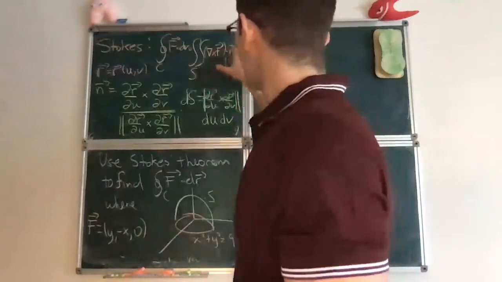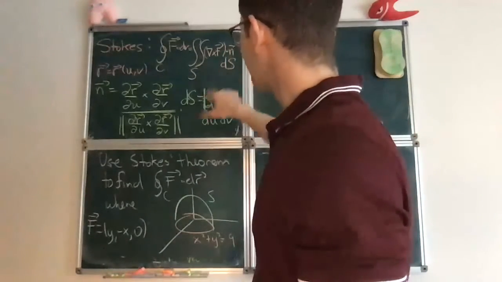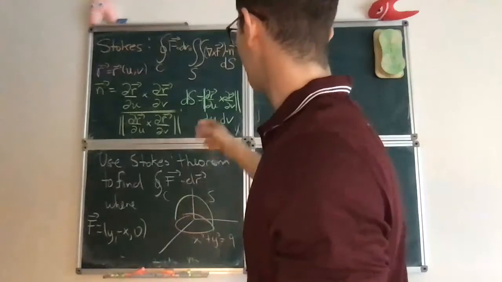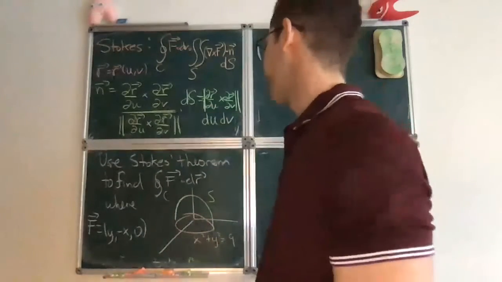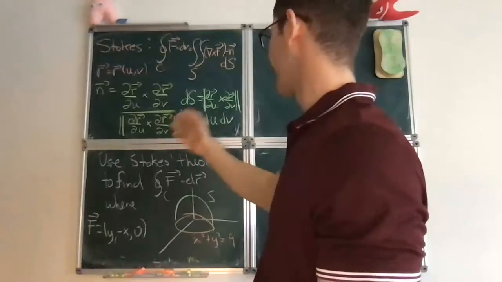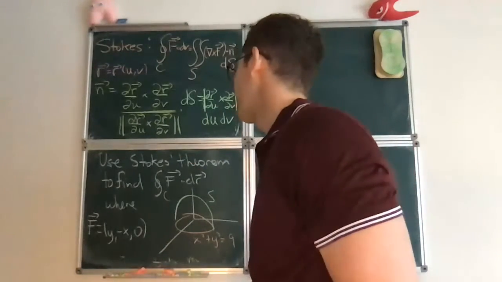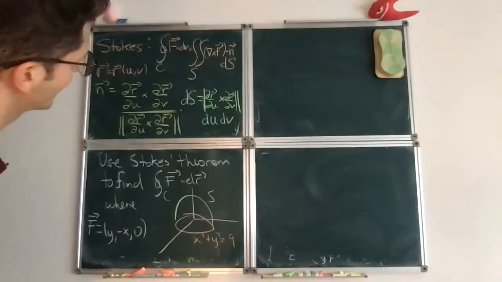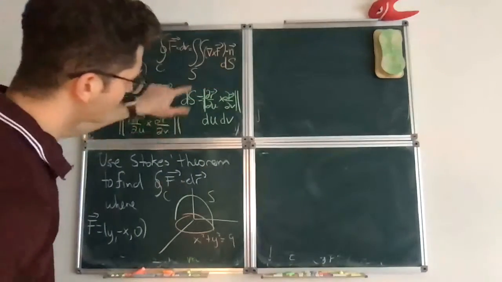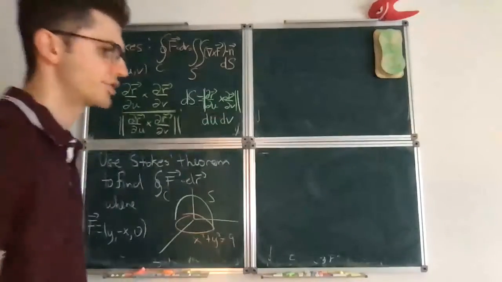So that's what goes here, and dS is like what I explained last time. It's just the norm of the very same cross product. This is like the area of the tiny parallelograms that we were working with. Strictly speaking, if you think about the statement of the theorem, since these are always multiplied, these terms always cancel each other out.